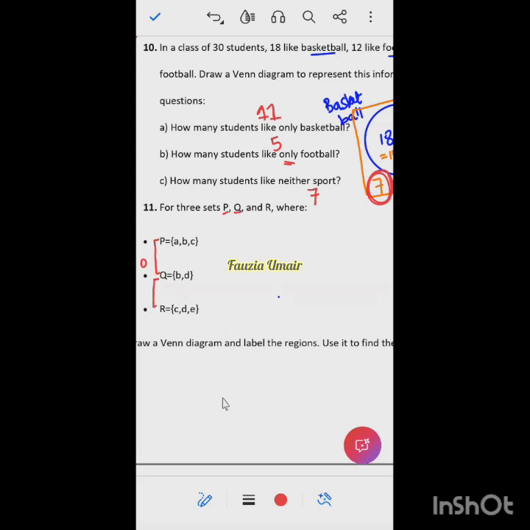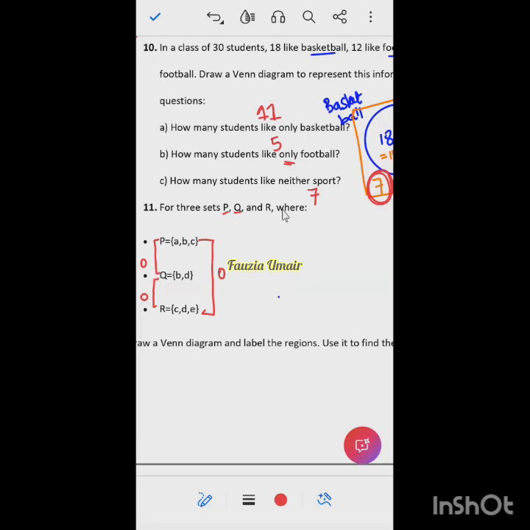Q and R. Overlapping again, right? So now what kind of relation are P and R having? It is also overlapping, right? It means all the three sets are overlapping sets.